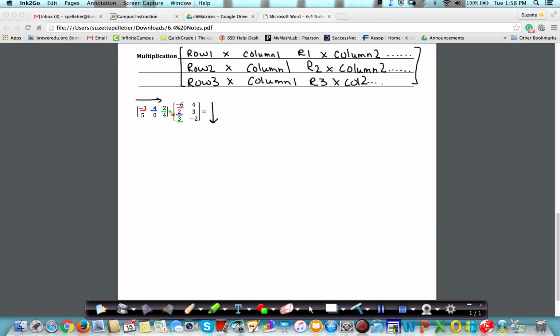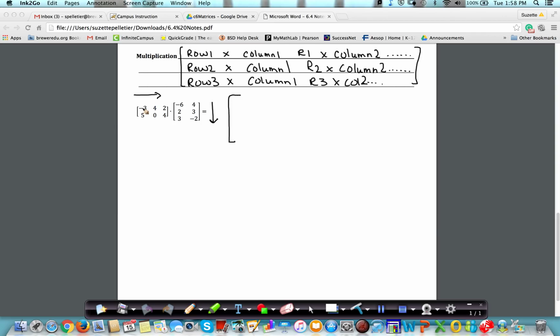So it's as though we took this row, -3, 4, 2, and we tipped it over and stood it up right here, -3, 4, 2, and we multiplied them together, okay? So that's essentially what we're thinking about when we're doing it. And I encourage you when you're doing these to write them out step by step. So here's what we're going to do.